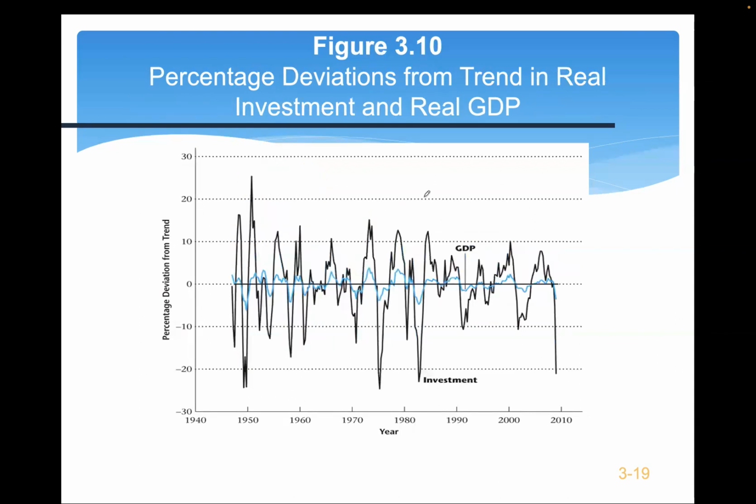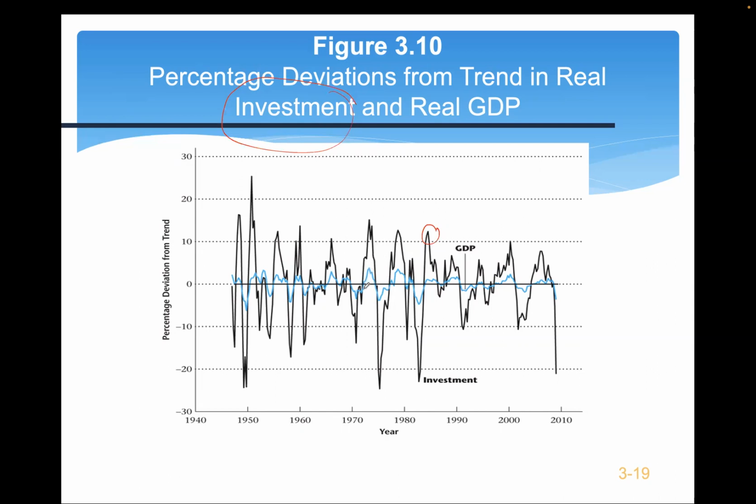Now let's look at the second important component, which is real investment. This investment includes, say, the housing start as we discussed earlier, but it also includes other investment. Now, what are we seeing from this diagram? The blue line is GDP, the black line is investment. It is obvious that these should move together, right?